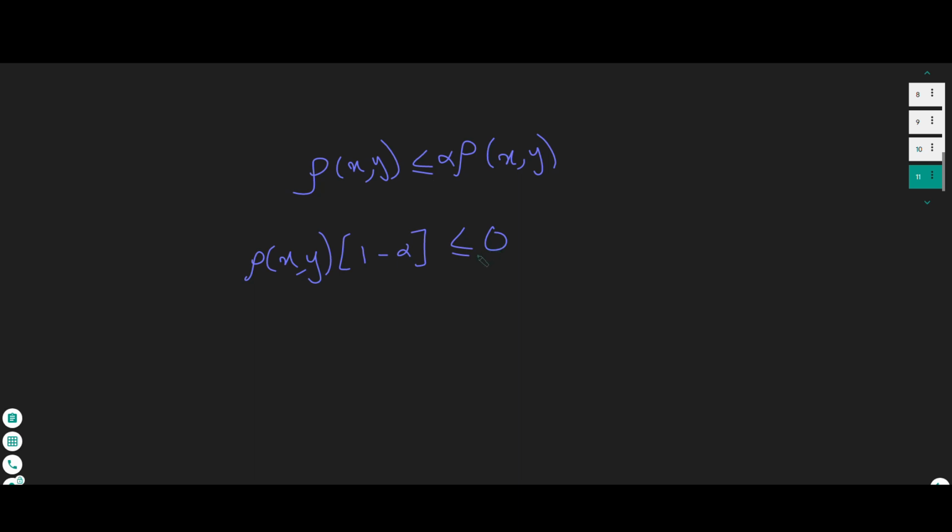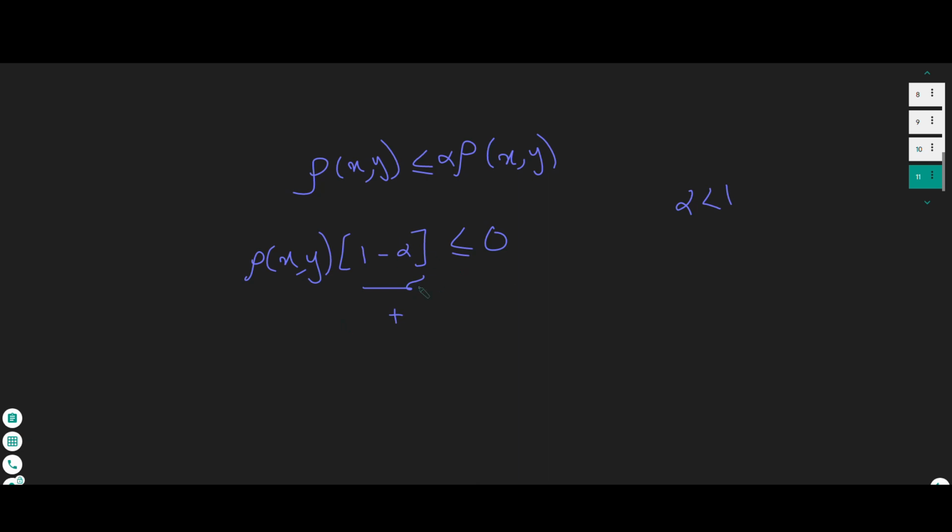Well, okay. So, when can this inequality hold? If this is a positive and this is a negative, or the other way around, or one of them is 0. Well, this is definitely a positive number. It cannot be 0 because alpha is strictly less than 1. And it cannot be negative because alpha is also a positive number.